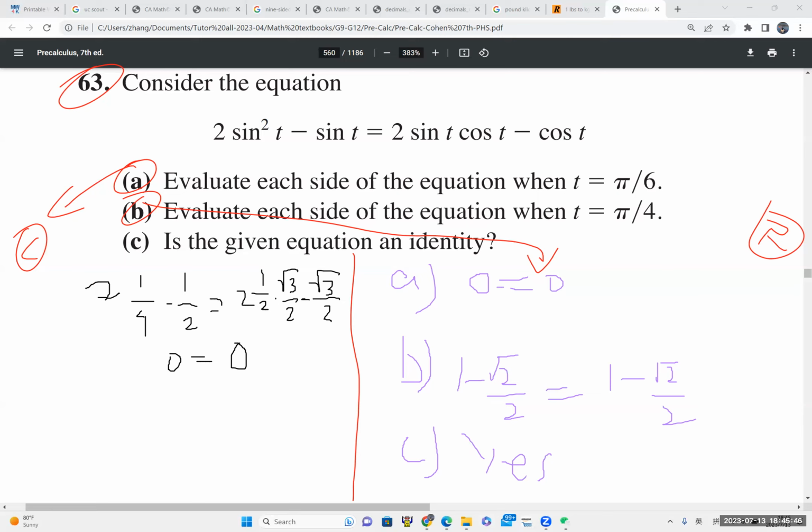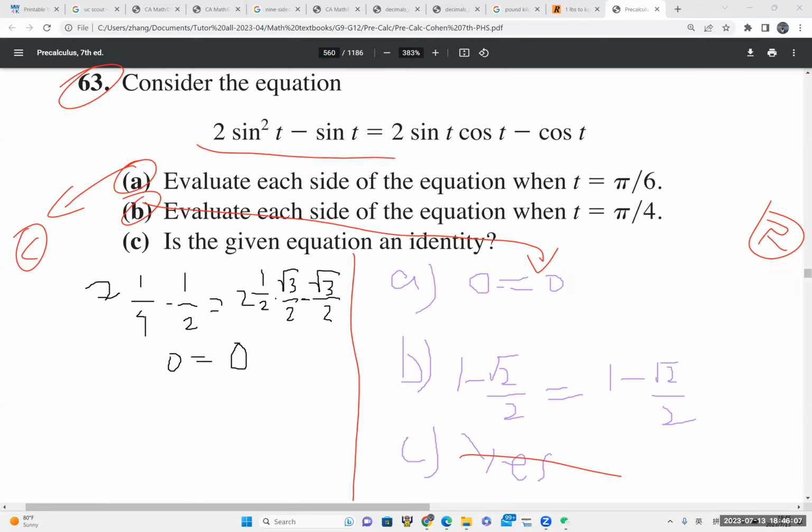Oh, they're not always. Yeah, not always, because there's a square.